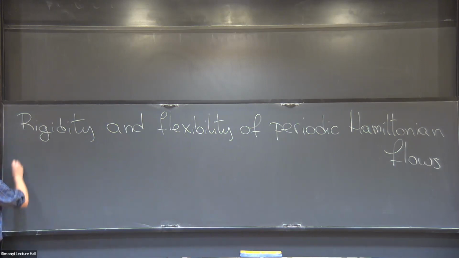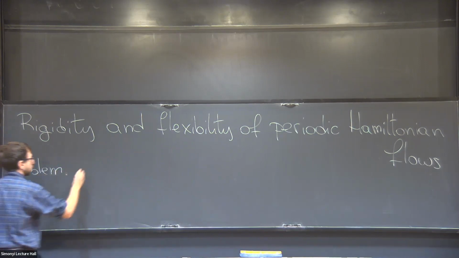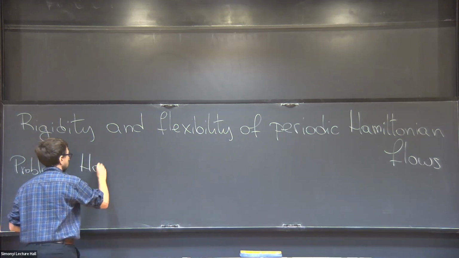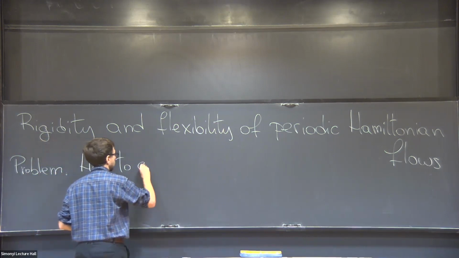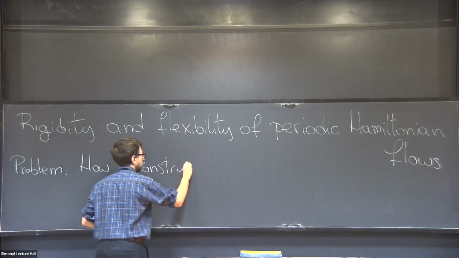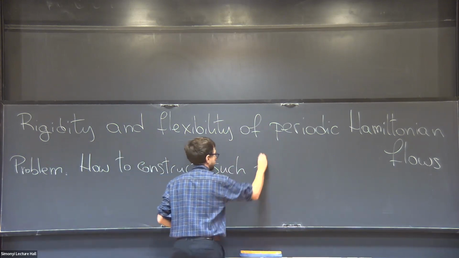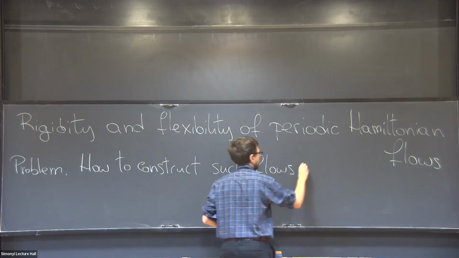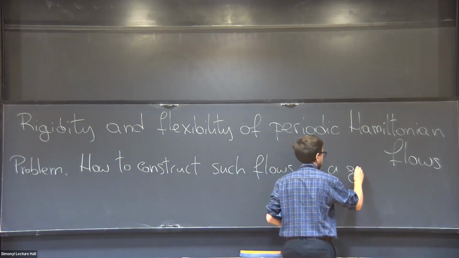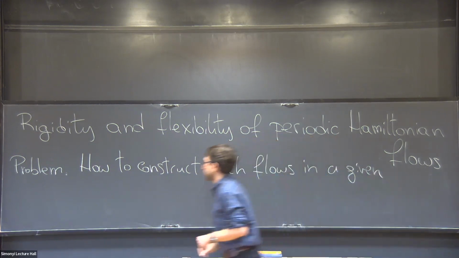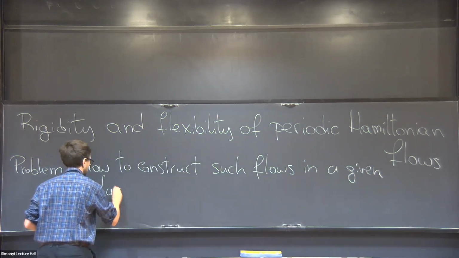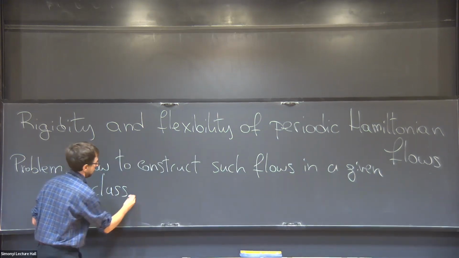So the problem here is how to construct such flows in a given class, and then in a class of examples.